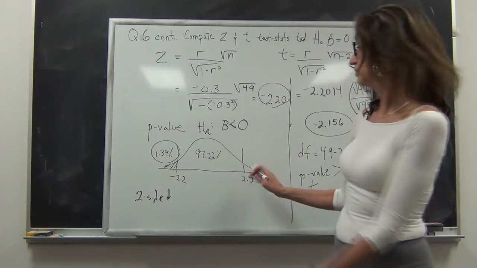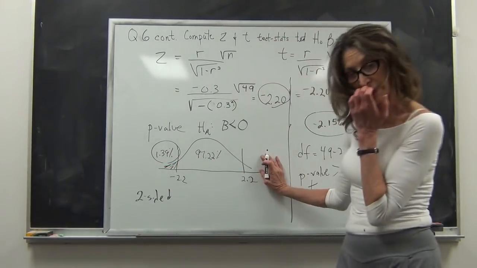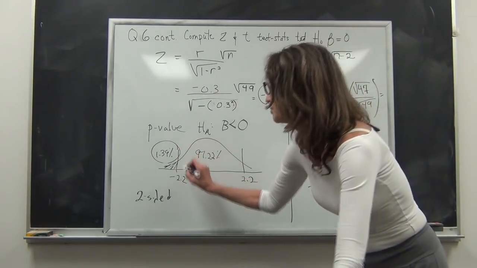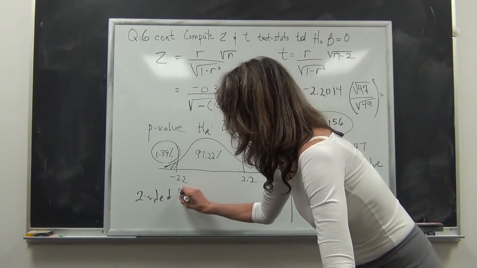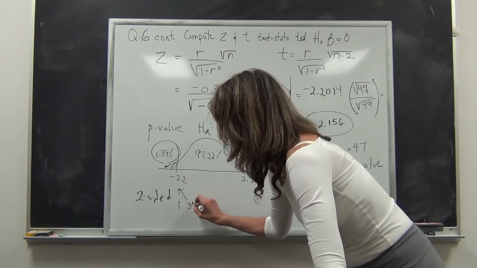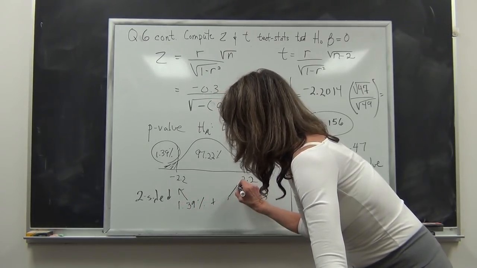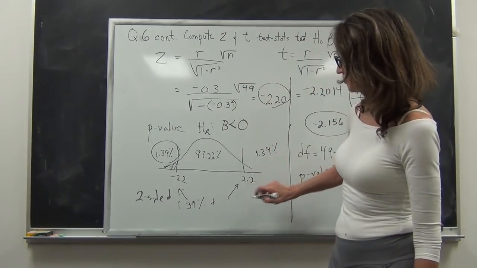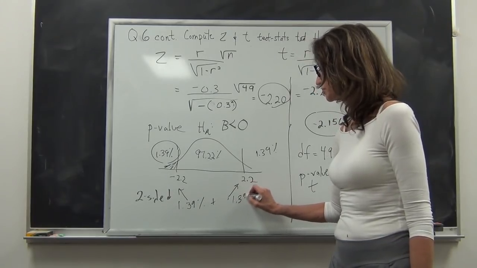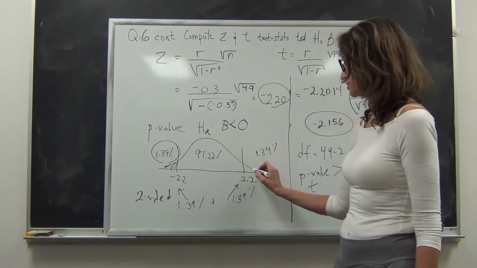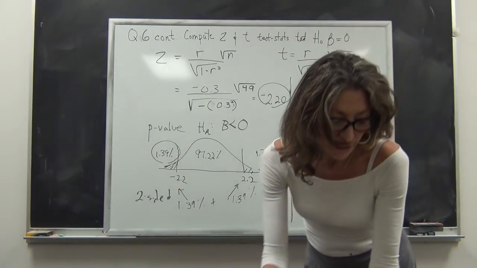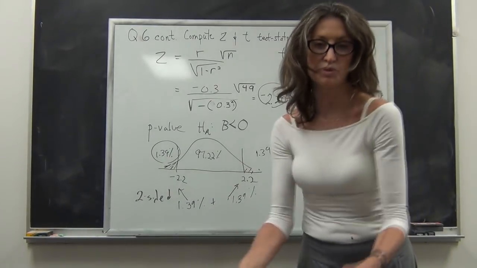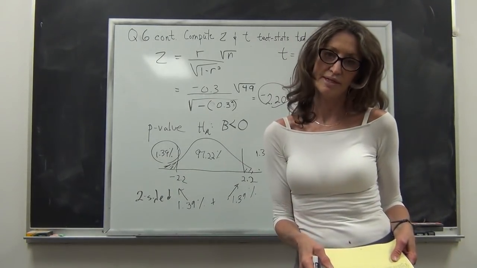We'd count the area in both tails, because it could fall on this side or this side. So we'd double that: 1.39% plus this area, which is 1.39%. Both tails, that would be two-sided. For T, it would be the same thing. It's multiple choice, and you would double the percent for the one-sided test.